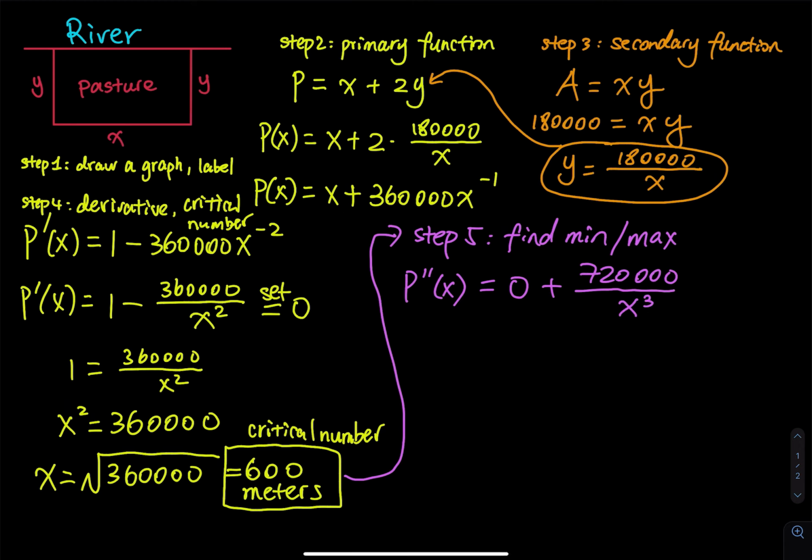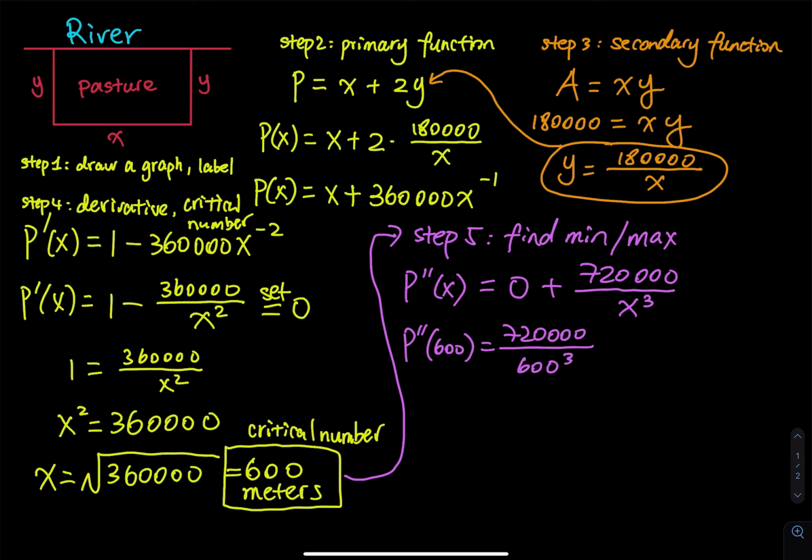Do we need to set that equal to 0? No, we are not setting that equal to 0. This is called the second derivative test. Then you have to test the minimum value, which is x equals 600. So what happens when x is equal to 600? Then you have 720,000 divided by 600 raised to the third power. I don't really care what that equals.